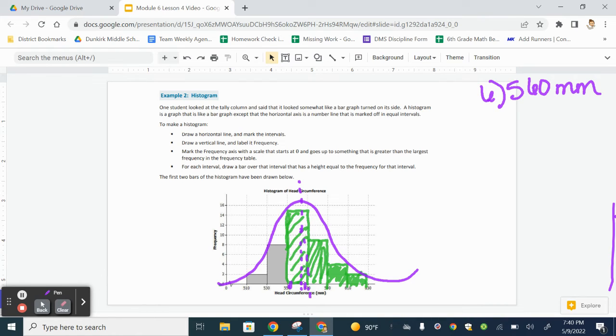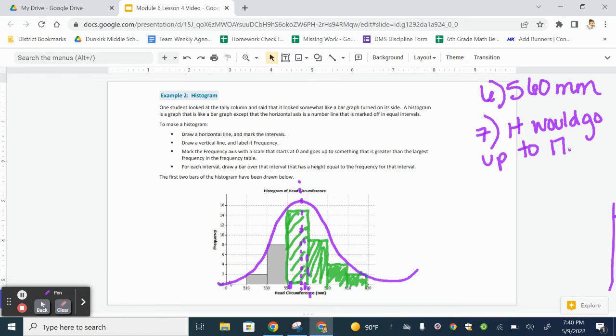If we did that, the bar for the 550 to 570 would go up to 17. So, number 7, it would go up to 17.